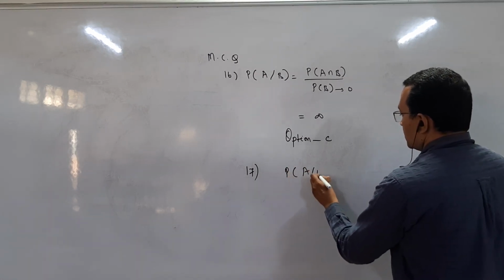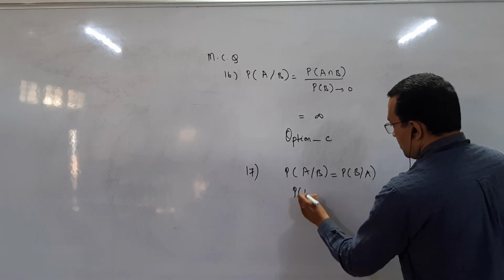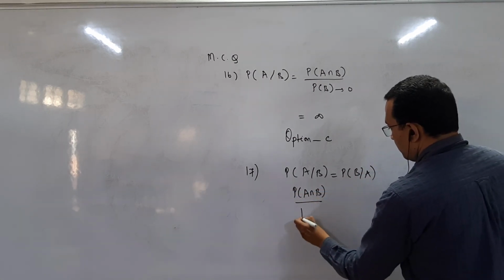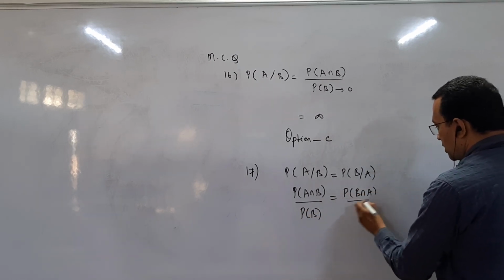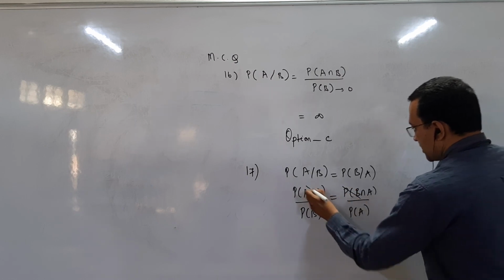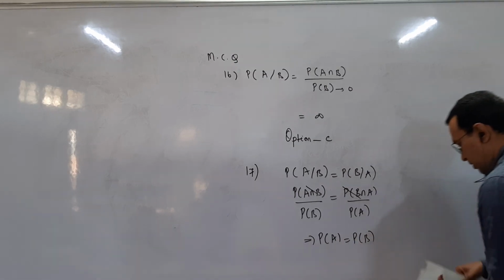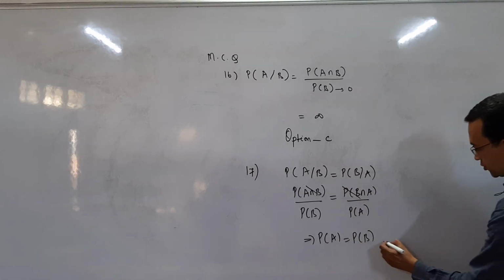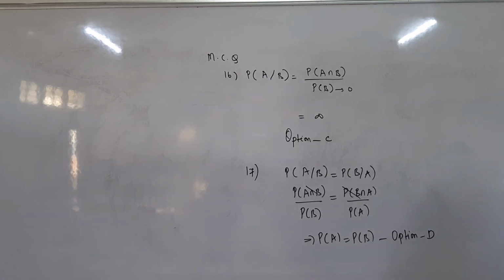So P of A intersection B upon P of B is equal to P of B intersection A upon P of A. So this gets cancelled, and correspondingly we have P of A is equal to P of B. So the correct option is option B. Intentionally I have left the second part of the 10 sum for you to do. Okay, we'll conclude the lecture. Thank you students.